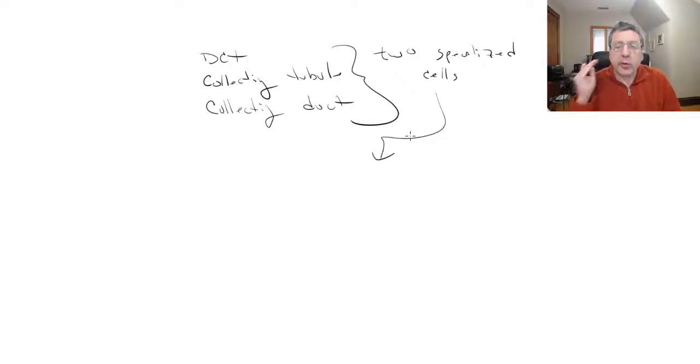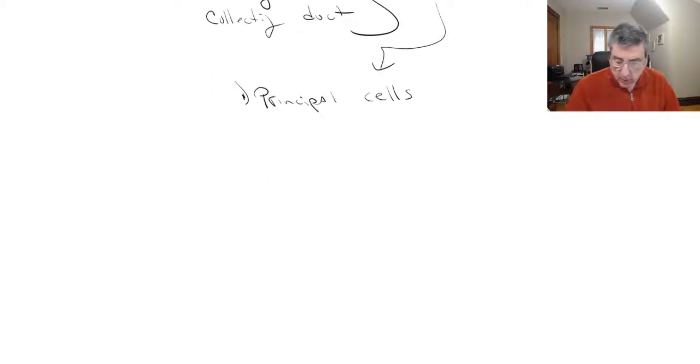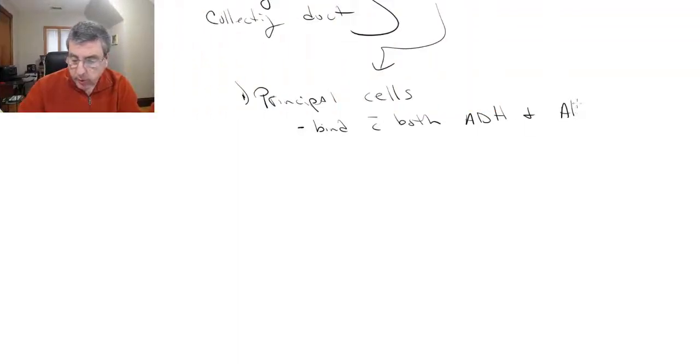So the two cells, the first one is going to be called principal cells. And principal cells, first of all, they bind with both ADH and aldosterone.